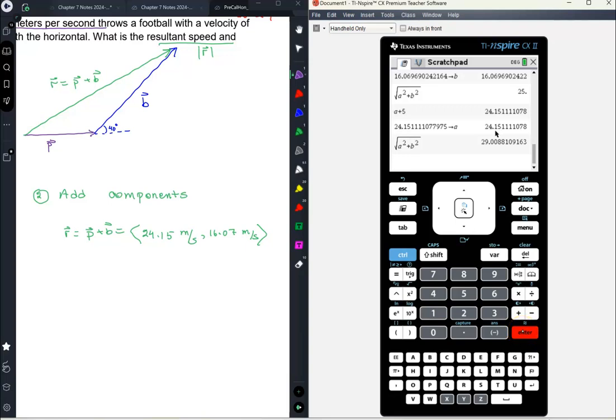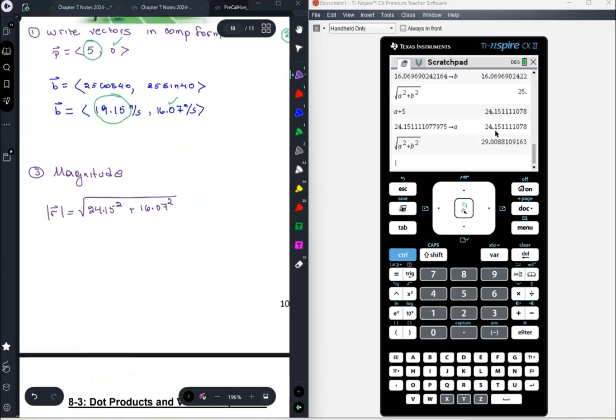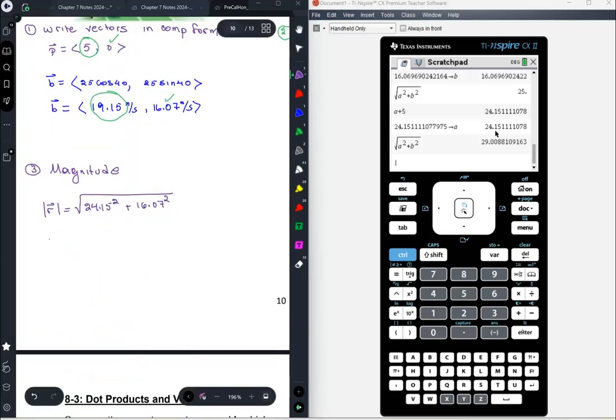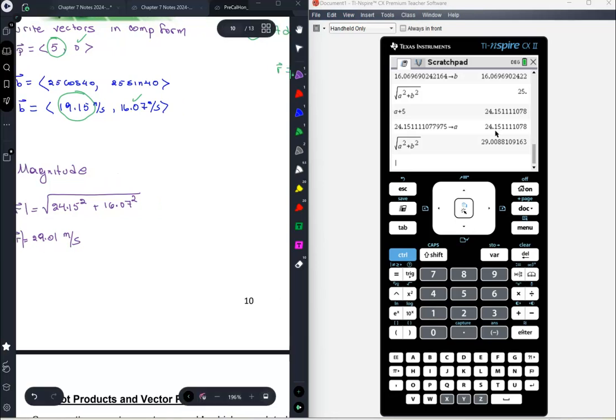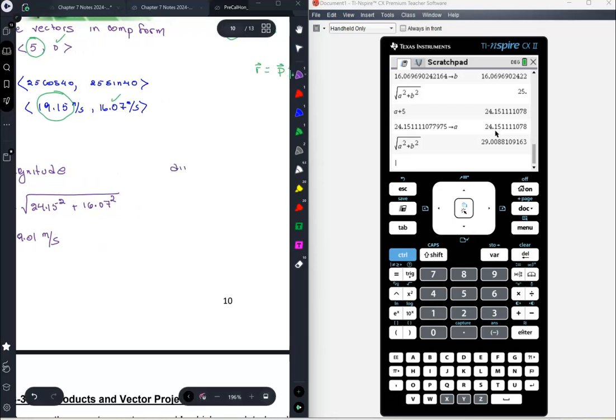There we go. It's 29.01. You want to round to 10 or 100? It will specify. Meters per second. 29.01 meters per second.